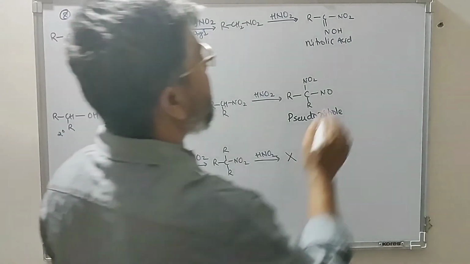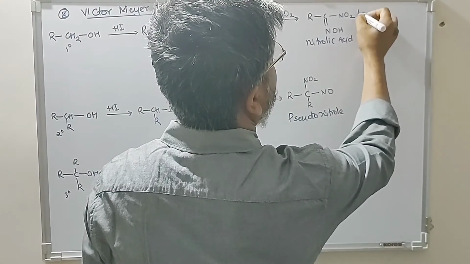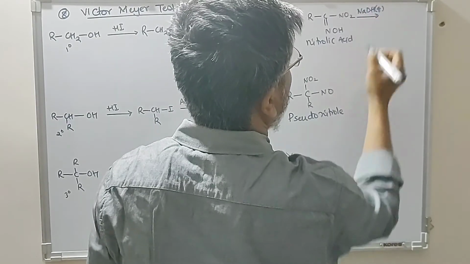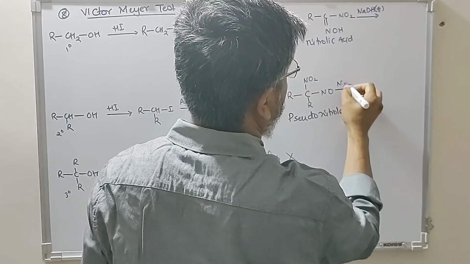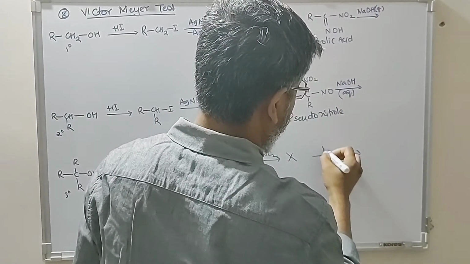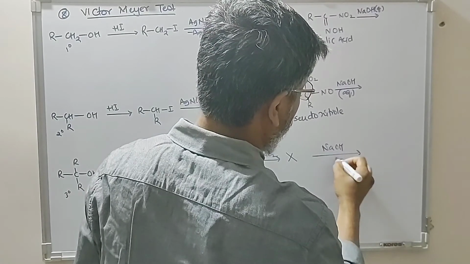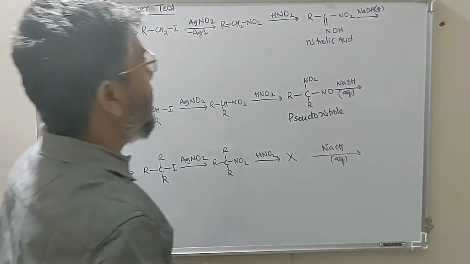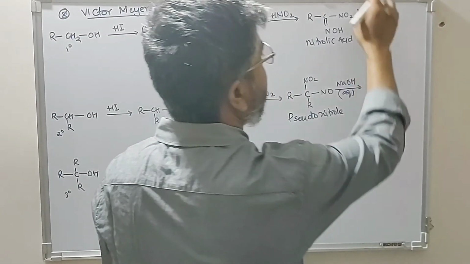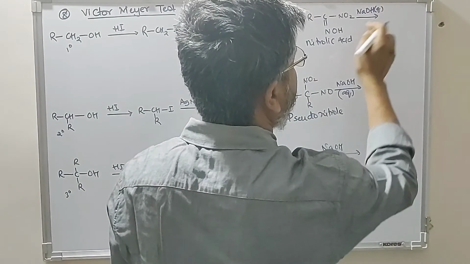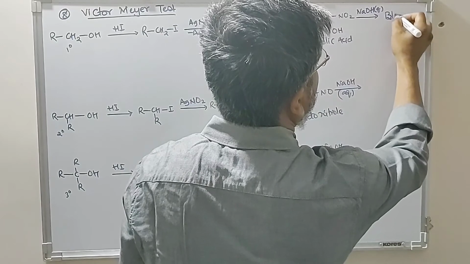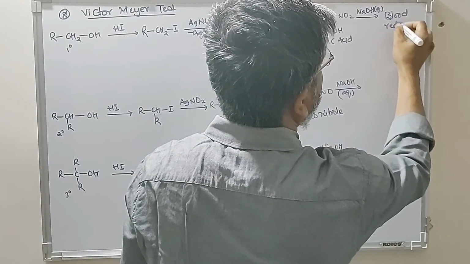In the final step of this reaction, this is made to react with aqueous sodium hydroxide. Now this nitrolic acid, on reaction with aqueous sodium hydroxide solution, gives you blood red coloration.